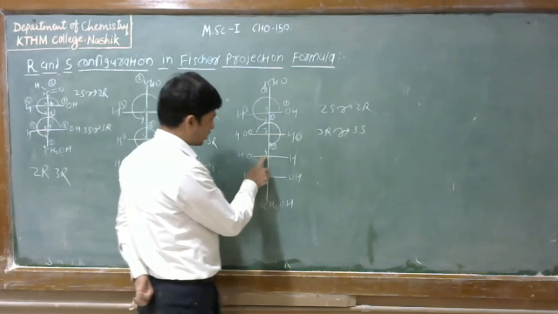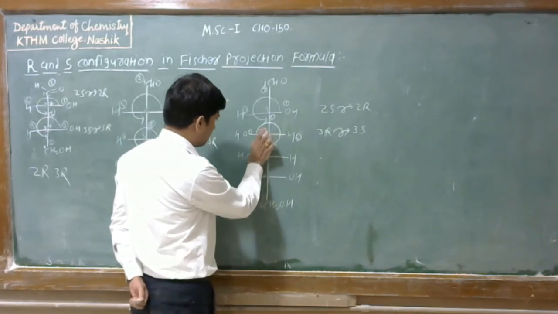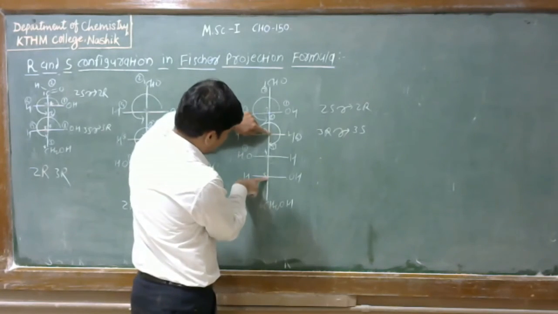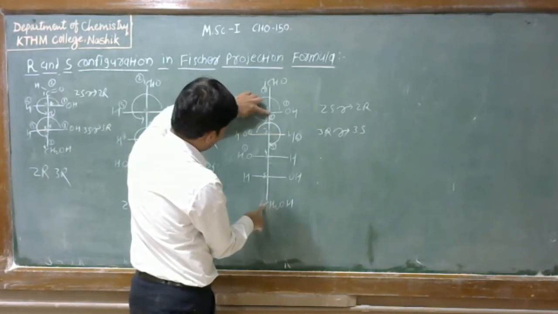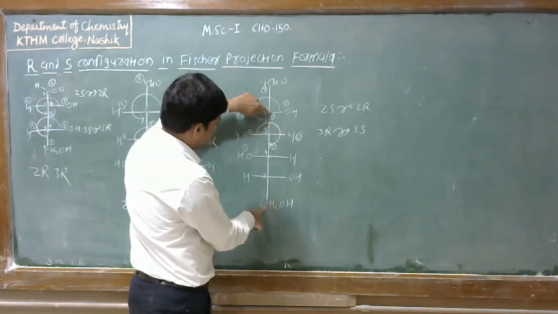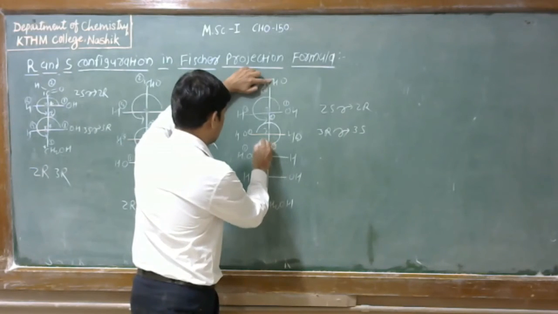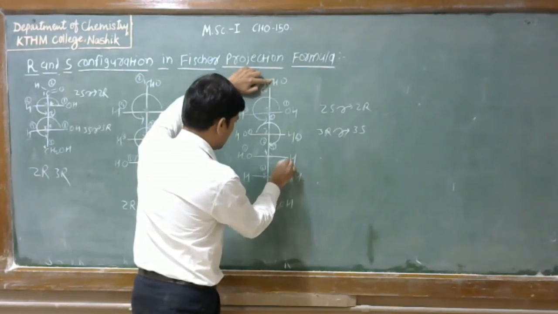Now about the fourth chiral carbon atom, this hydroxyl group has first priority here, and out of these 2 carbon atoms attached to the hydroxyl group, we move to the second carbon atom. Next carbon atom, this is CH2, this is CH attached to OH, but this has CHO, therefore this has the second priority, and all these groups have third priority, hydrogen has the fourth priority.